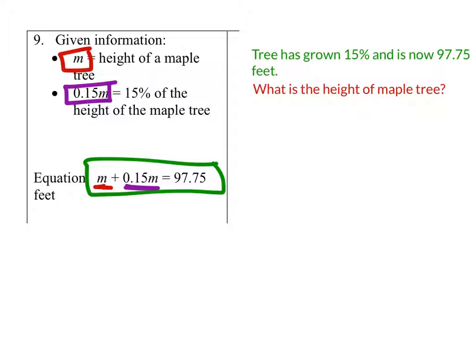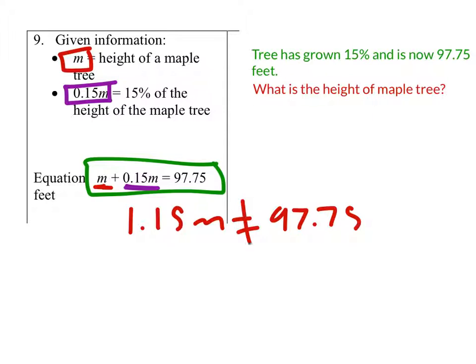So, this one with all the decimals may require calculator inspection. So to start, you want to do M plus 0.15 M, which is 1.15 M. I added an M to the other M. That was a 1 M right there, right? Plus the 0.15 M equals 97.75.